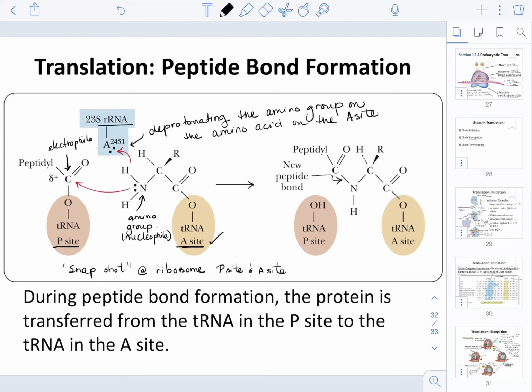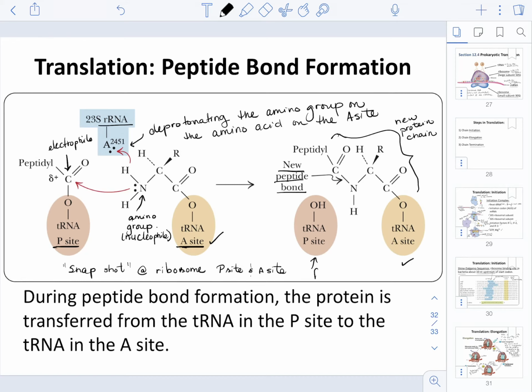And in the ribosome, that's how we now have a new peptide bond, and the transfer of that new protein chain, which is now located on the A site.